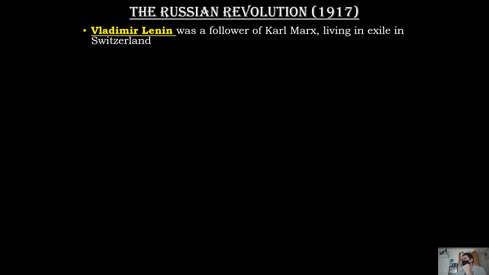Another revolution was bound to happen because, again, the people weren't happy. In comes this guy who's going to be pretty important to world history, Vladimir Lenin. He was a follower of Karl Marx. He lived in exile in Sweden. He had been run off years earlier because he was a troublemaker.